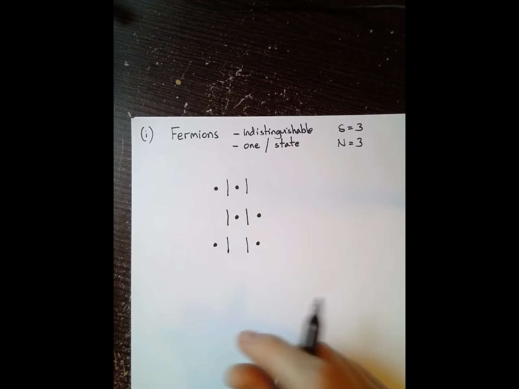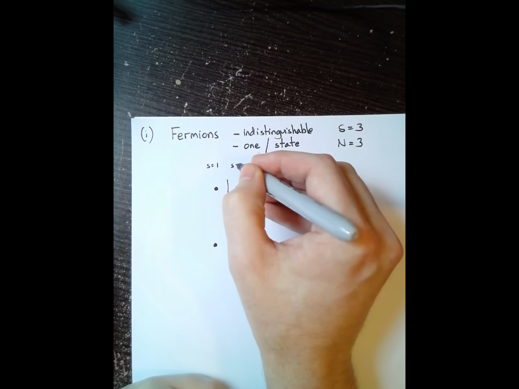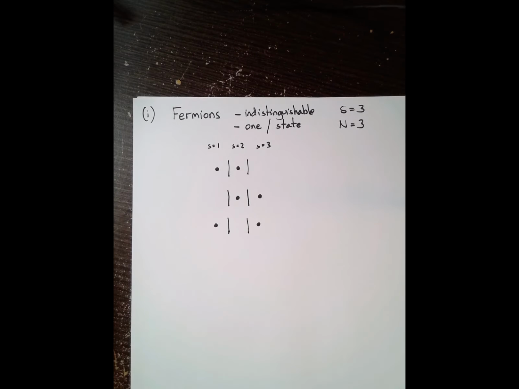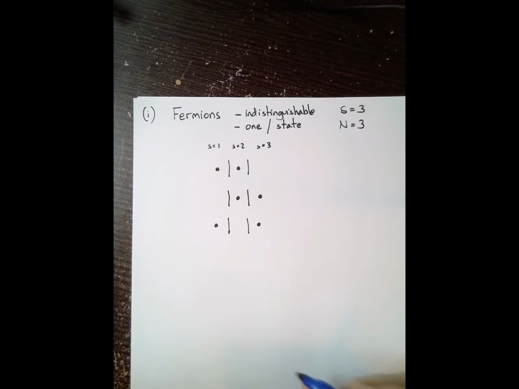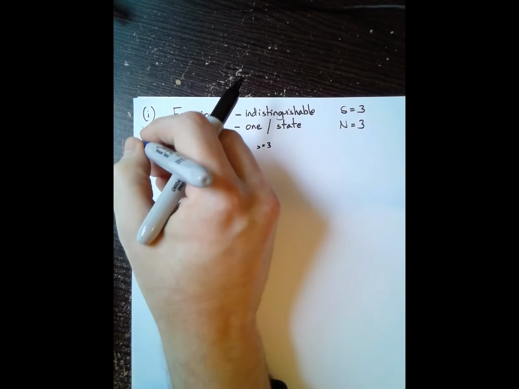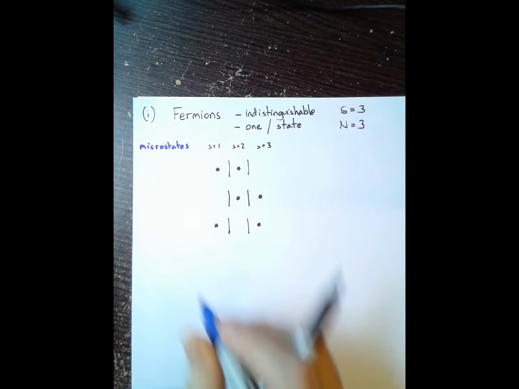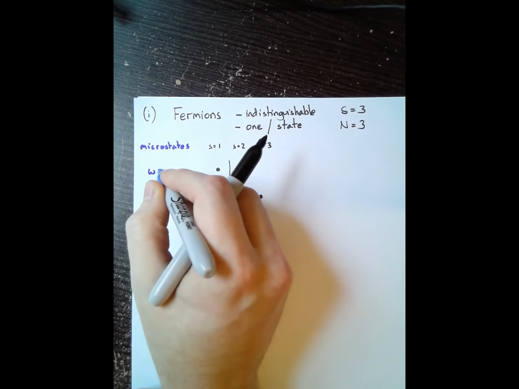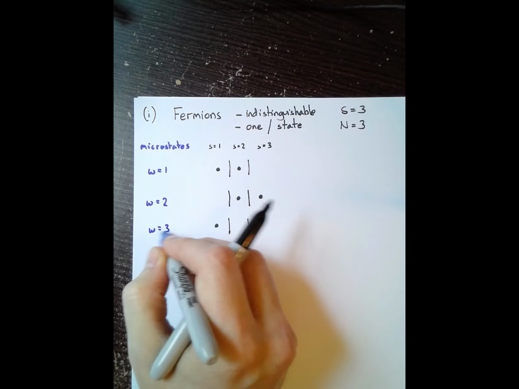So let's remind ourselves how we label things. This is state 1, this is state 2, this is state 3. There are 3 possible microstates, and I'm going to label the microstates with the letter w, little w. So this is microstate 1, this is microstate 2, and this is microstate 3.